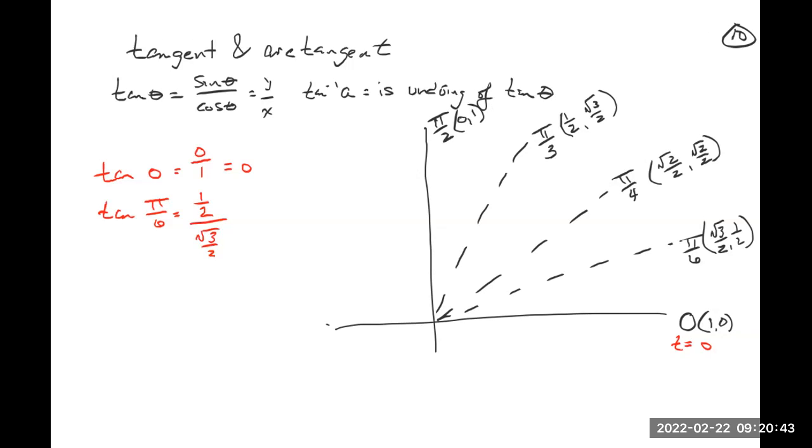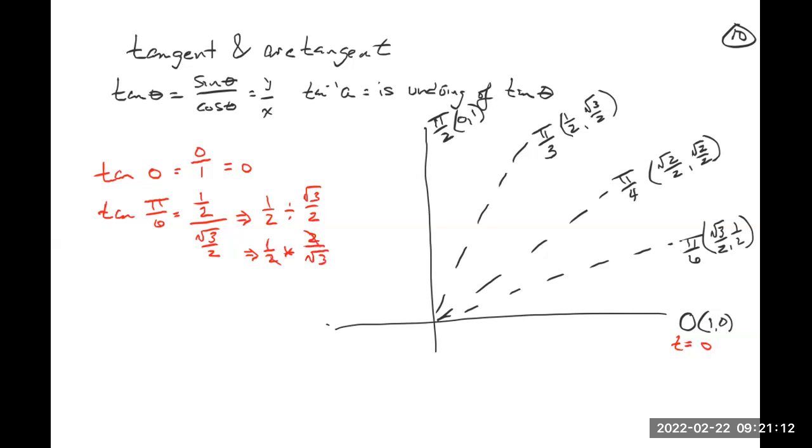Don't let that scare you. That's called a complex fraction. It just means we have a fraction that has a fraction in it. So what this is really saying is that we have 1/2 and we're dividing it by square root of 3 over 2, which we change, right? We say that that's 1/2 times the reciprocal of the divisor.